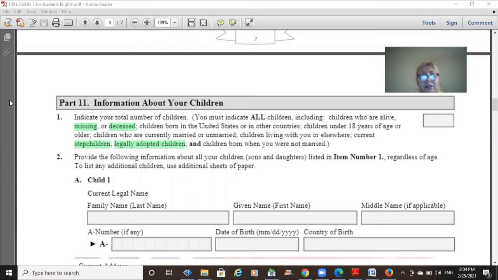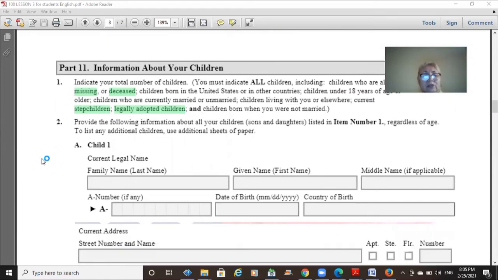So for this item, they may ask you how many children do you have, and you will need to give them the number of all of the children. Beginning with number 2, you will need to provide the following information about each child.